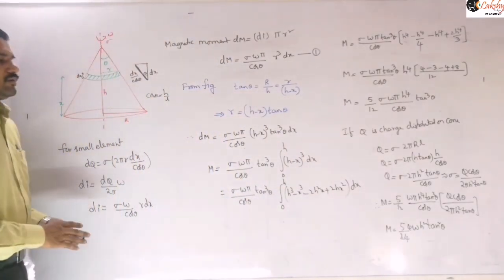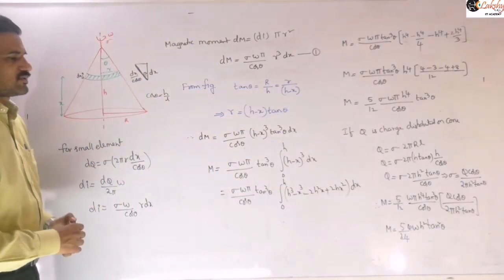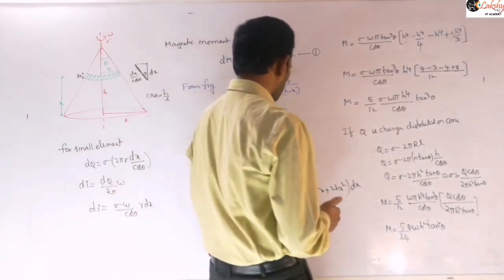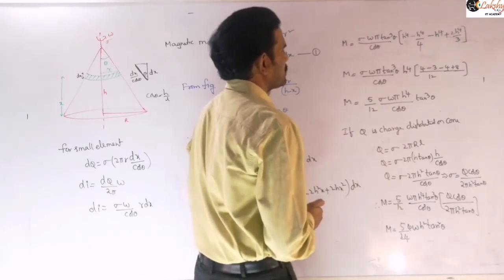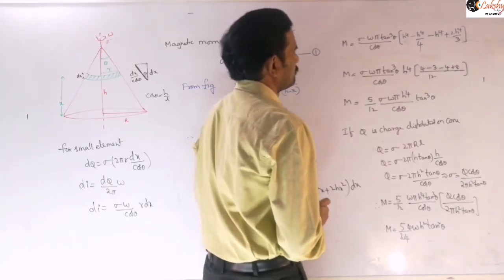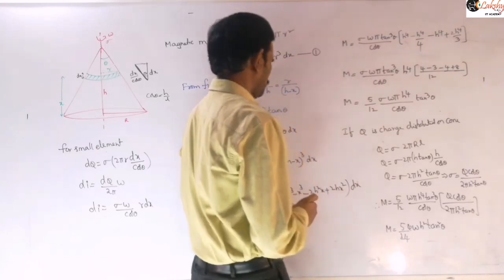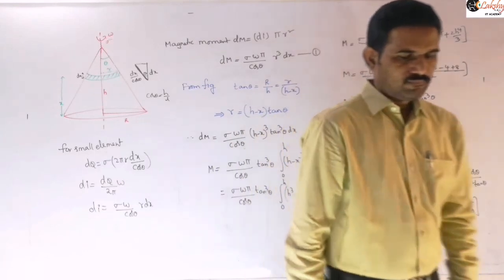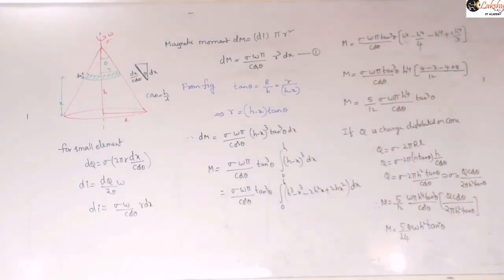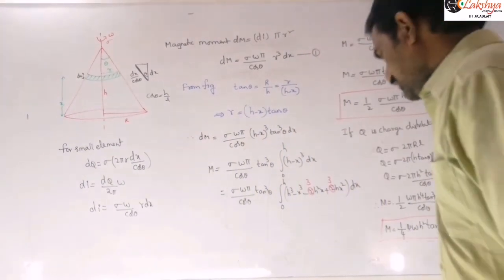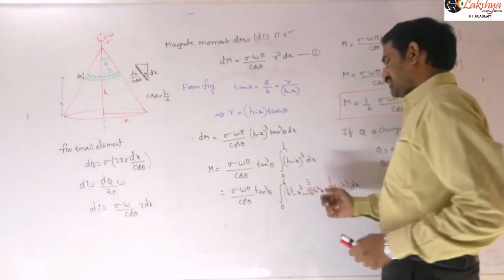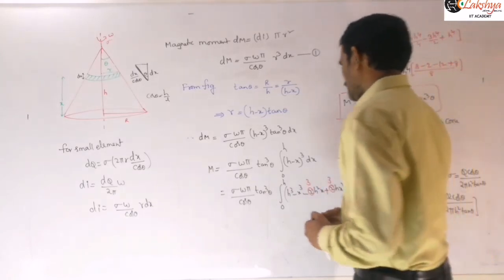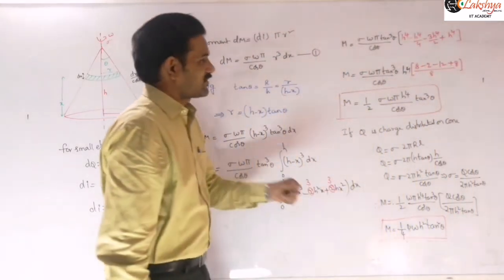Once check the calculations here. The calculation is the h cube integration here. Integration of this term is, so here I did a mistake, a calculation mistake. I think all of you had identified this already. So here a cube, 3 and 3 you will get.